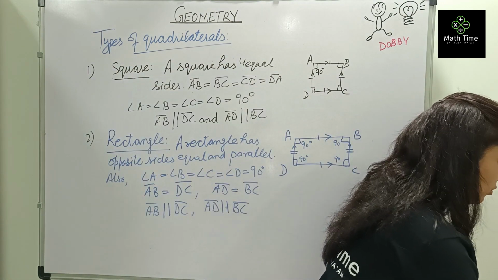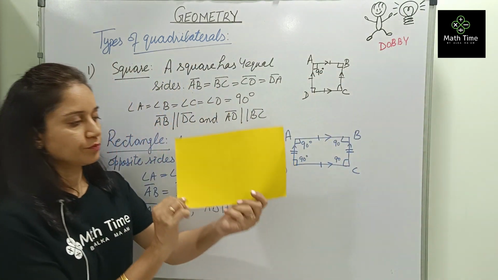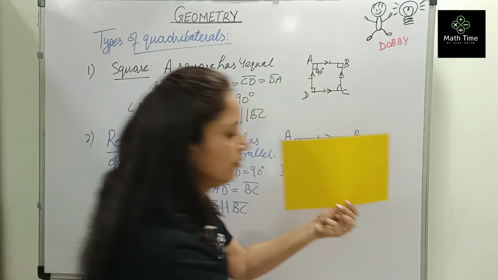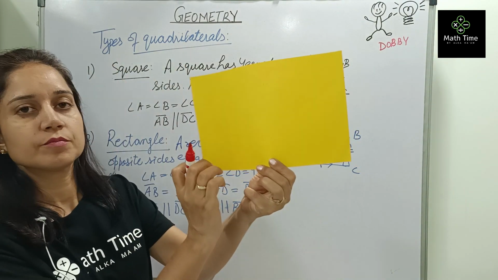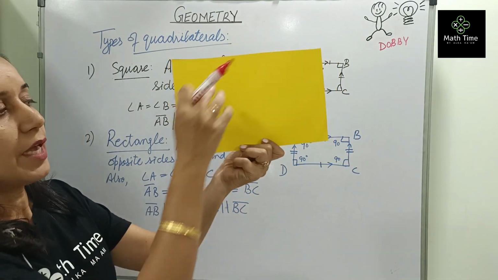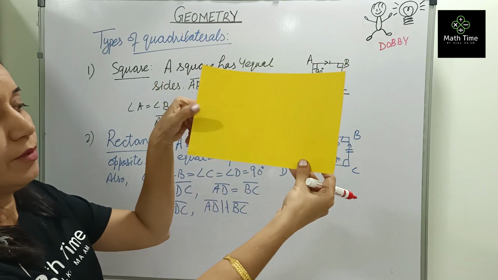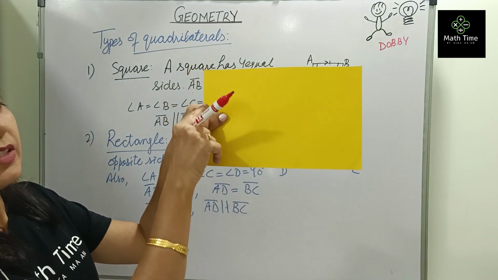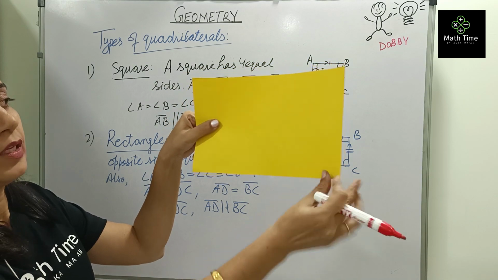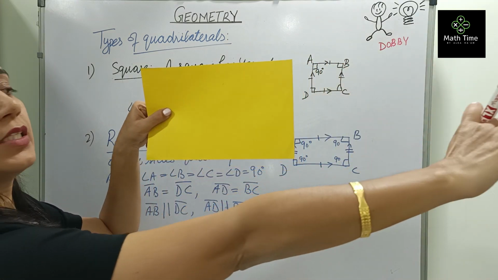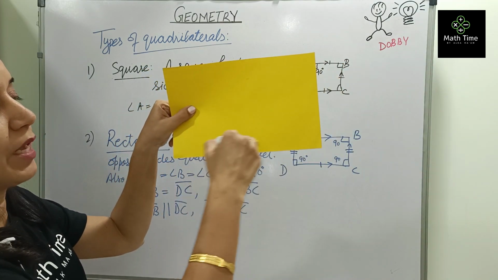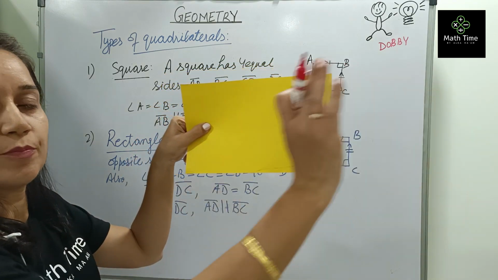I am having one rectangle with me. I am showing it to you. See, rectangle here. Top side is equal to bottom side, left side equals right side. If you increase the length of the top and bottom line segments, they will never meet, they are parallel.